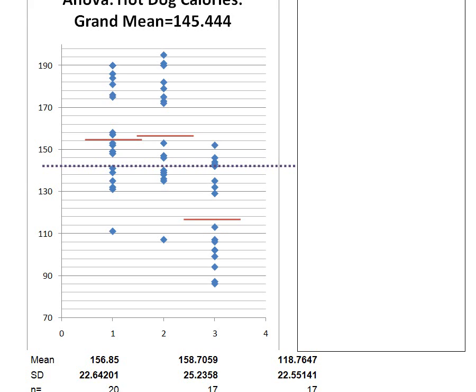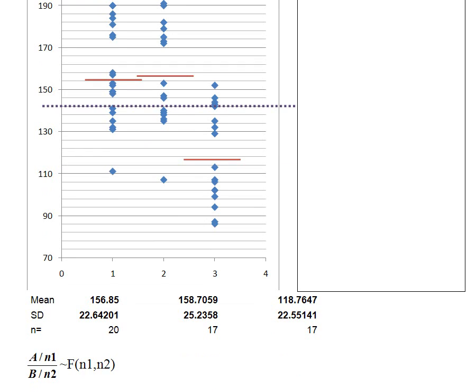Sum of squares within the group. So this blue point minus the red, this blue point minus the red, etc. And do that for every point. And of course, since it's called the sum of squares within, we want the distance squared plus the distance here squared plus that squared plus that squared, and then we go to the next group. This squared, that squared, that squared, and we keep doing that.